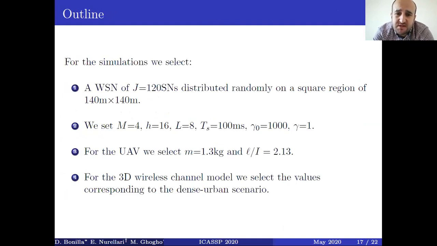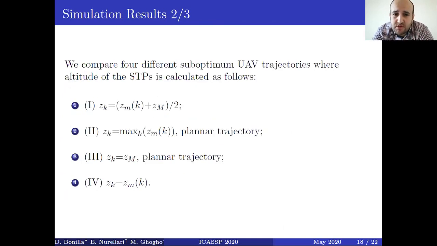In terms of the results, we consider a wireless sensor network with 120 sensor nodes, deployed randomly in a square region of 140 by 140 meters. These are the UAV parameters, and for the channel model, we assume a dense urban area.